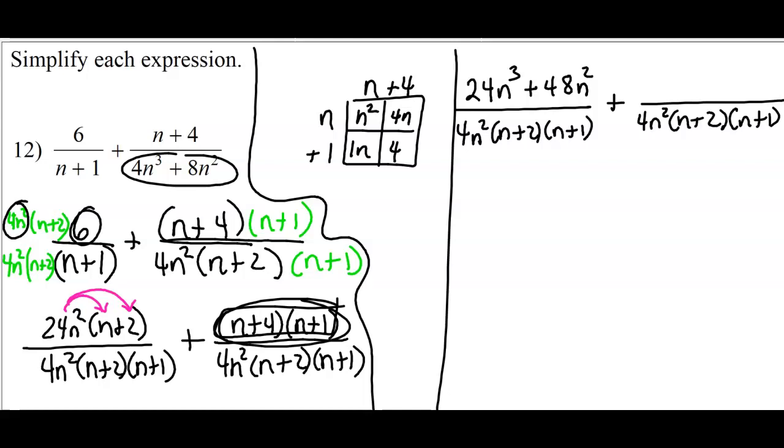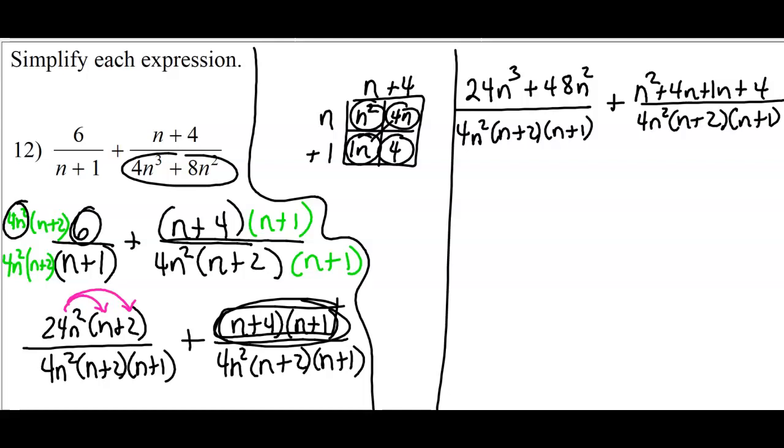Okay, so we have n squared plus 4n plus 1n plus 4. Those four things. And if you want to combine the like terms before you write it, you can.